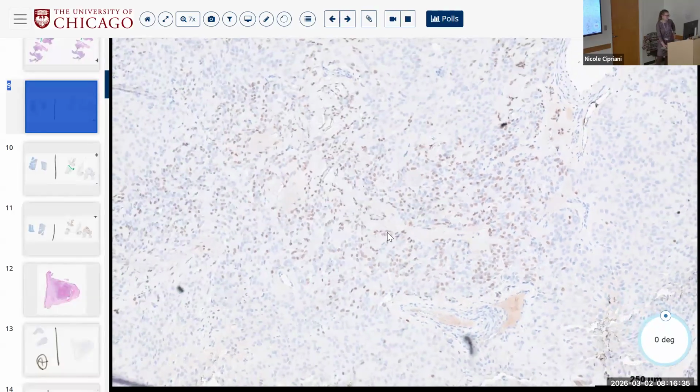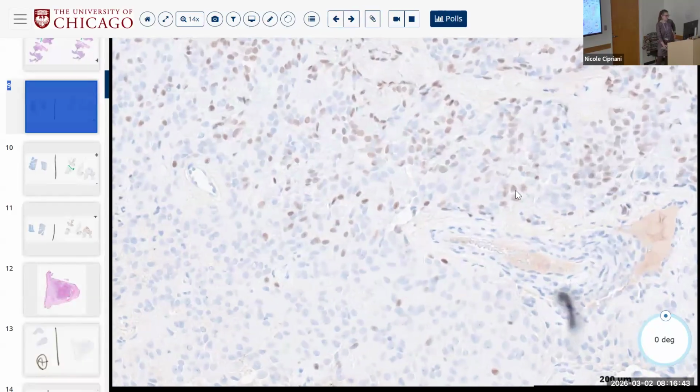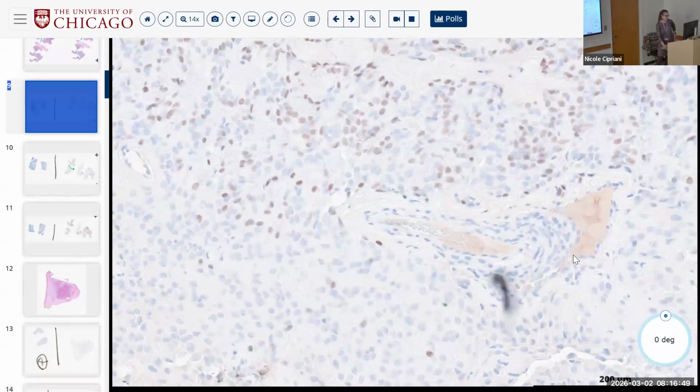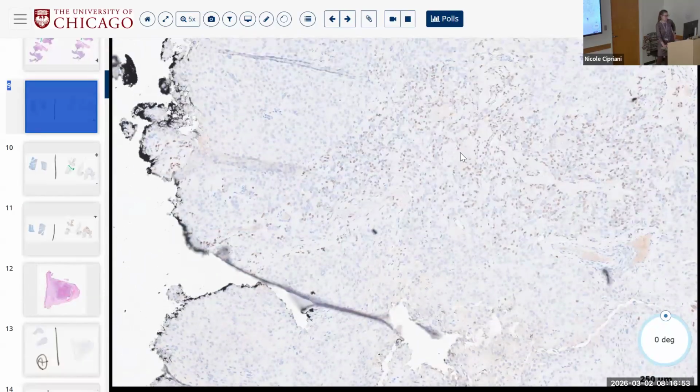Yeah, maybe a little geographic distribution. You have this sort of stroma here in the background. You have these kind of complex structures, and it looks like the P40 is present maybe on the outside, or maybe near the stroma here. And it's totally dead negative in these plasmacytoid myoepithelial cells.